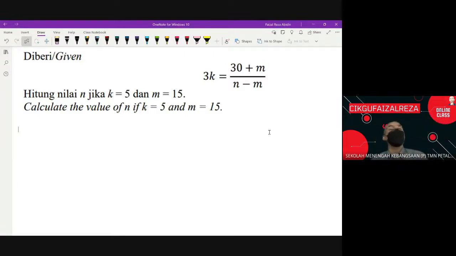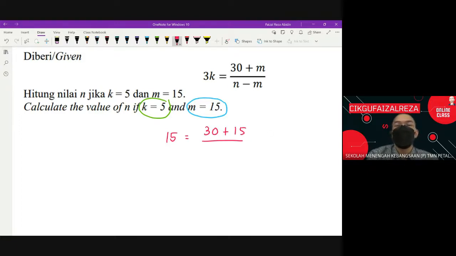Can I substitute with the values given, k equals 5 and also m equals 15? Can. So you are going to get 3 times 5, 15 equals 30 plus 15 over n minus 15. Isn't it?